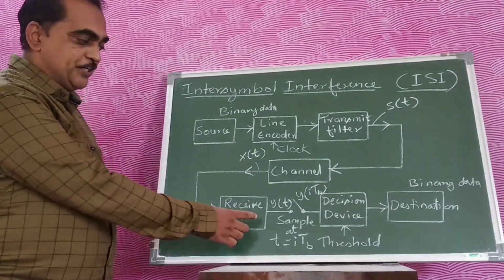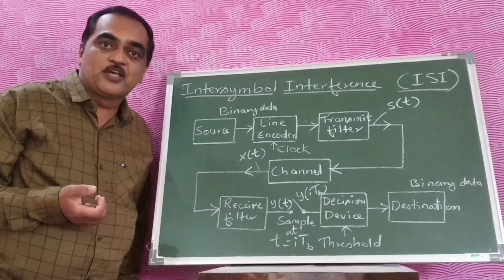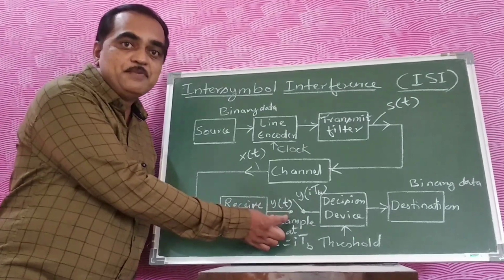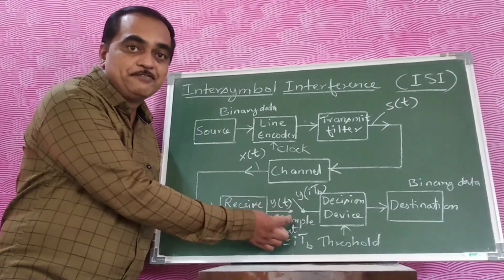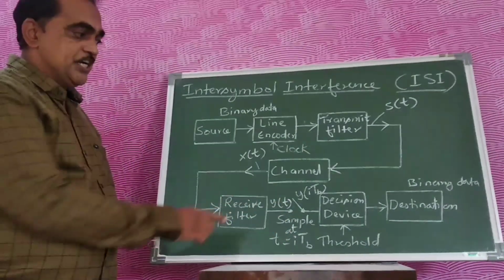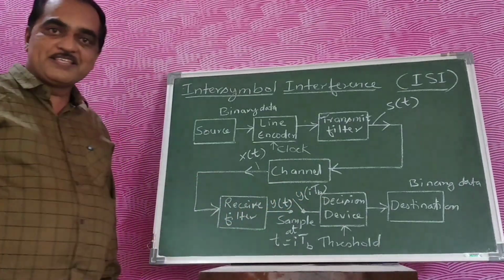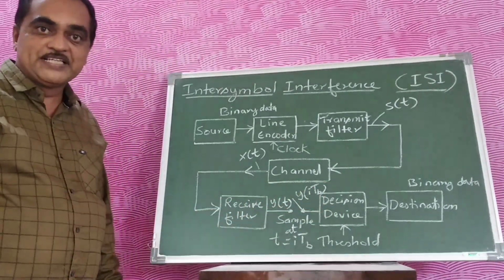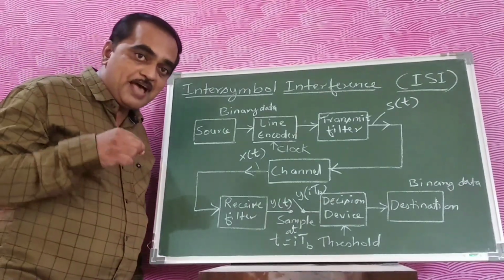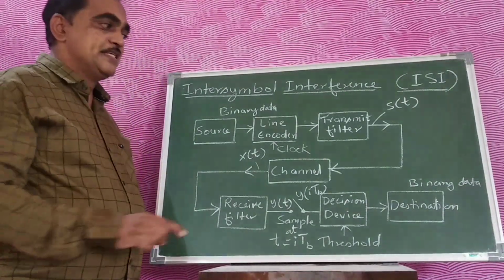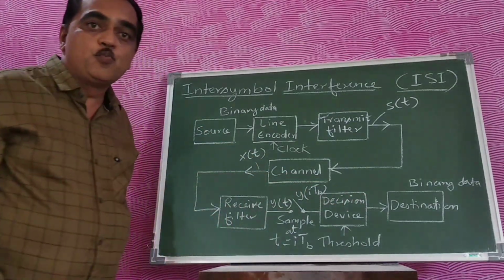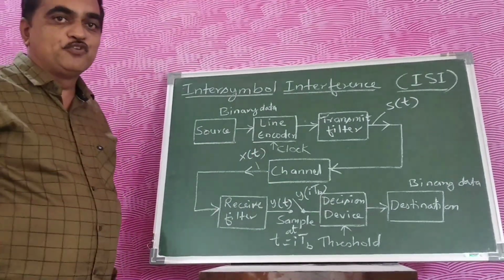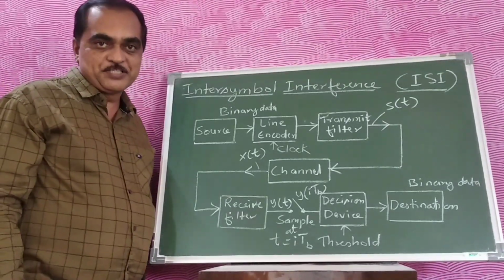The receiver filter will accept all the sequence of pulses, and at a particular interval rate TB, it will give to a decision device, where the decision device will check it with a threshold voltage, and after detecting the amplitude of the incoming pulse, it will tell whether the output was binary 0 or binary 1. This is the normal process of a baseband transmission.